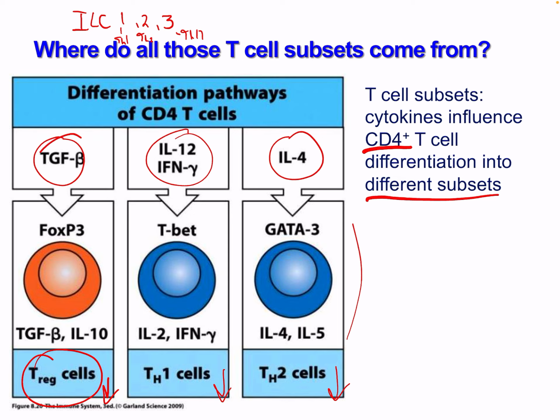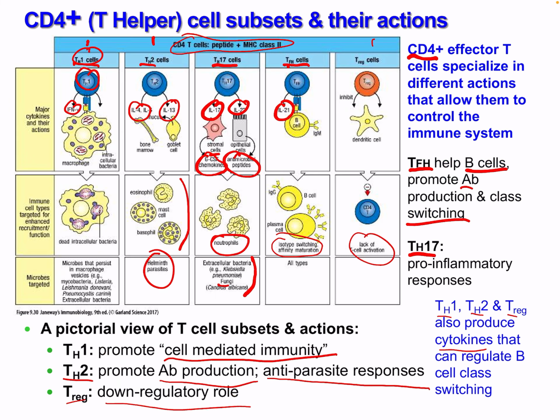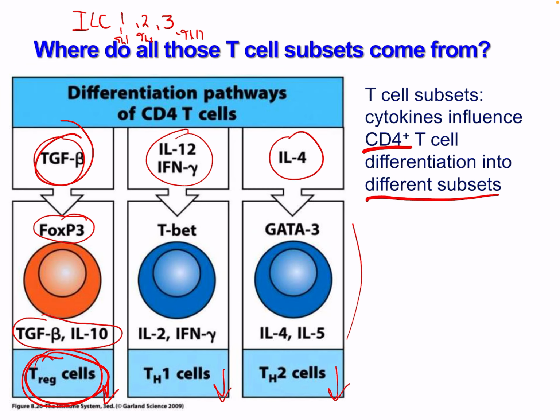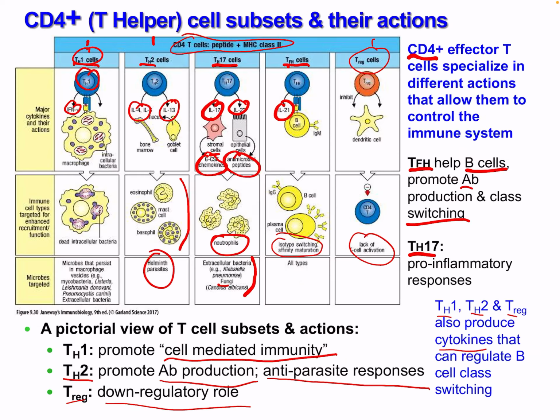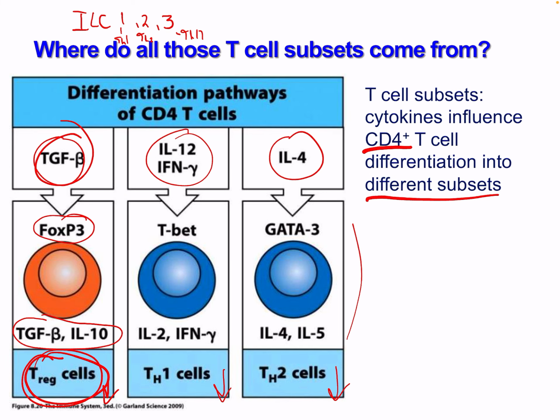So transforming growth factor beta stimulates FOXP3, TGF beta, and IL-10, T regulatory cells, and then the rest is what we're talking about here. So then we get to these stages, T regulatory cells. Essentially you could place this figure on top of this figure up here. Then we have IL-12, interferon gamma, T-bet, IL-2, interferon gamma, Th1 cells.